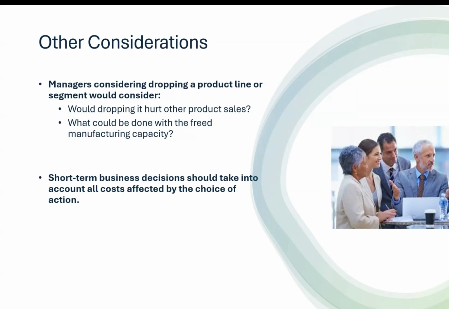Another example is a company that manufactures dining room tables and chairs. Now, if the company stopped making tables, it would likely impact the sales of chairs, as customers often want to purchase matching sets.